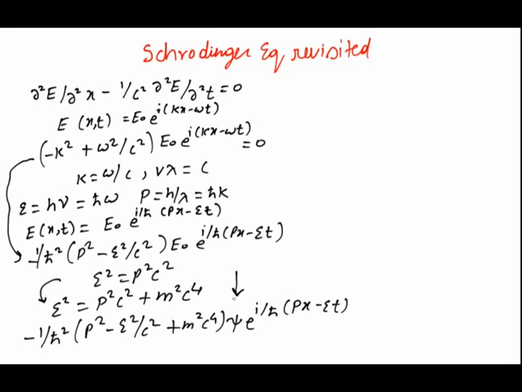This is sort of intuitive. It is out of intuition that I replace it by this, and instead of an electric wave, we now have something called a wave function, a new sort of function.